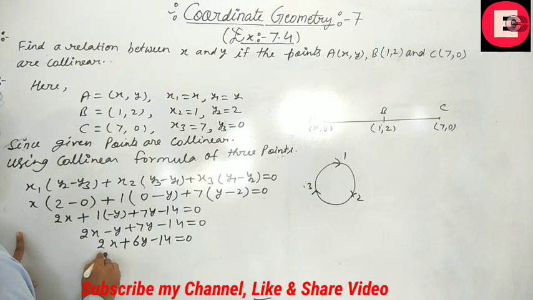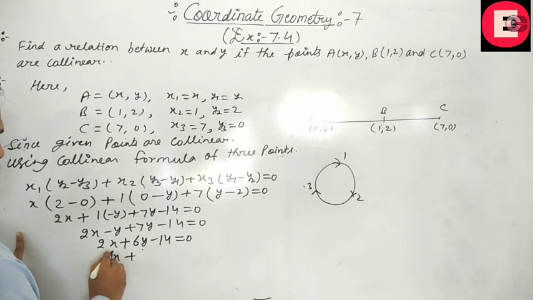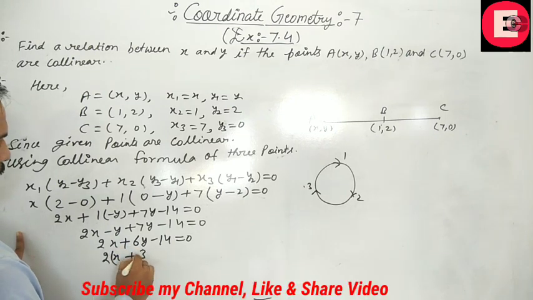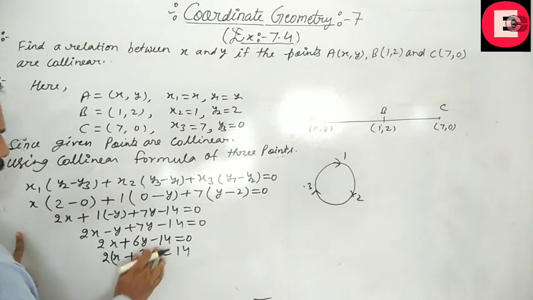And 2x + 6y, here 2 is common, so x + 3y is equal to 7.